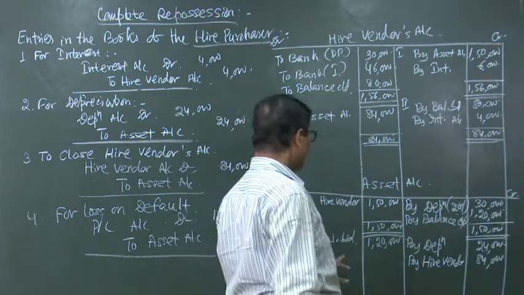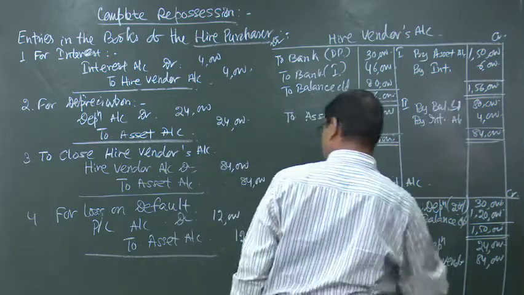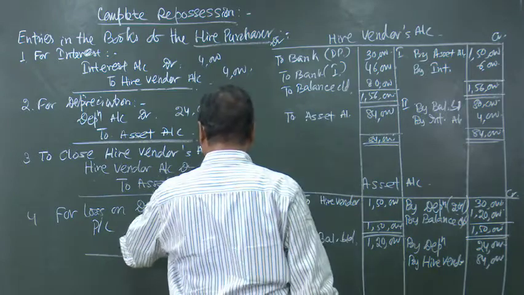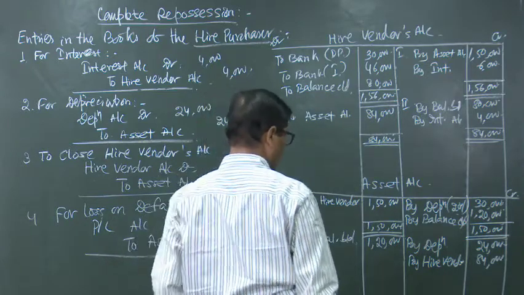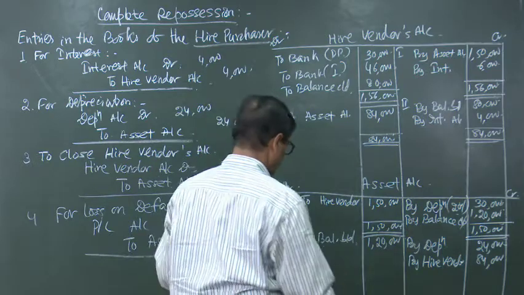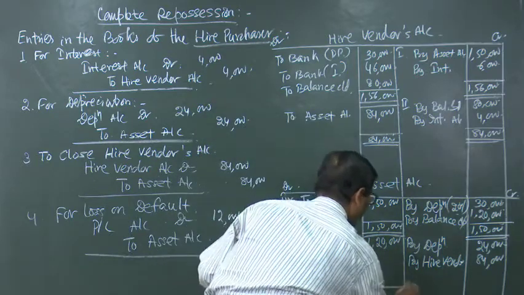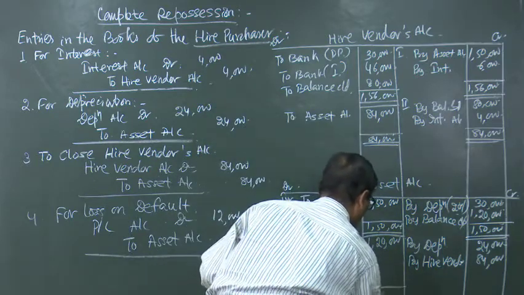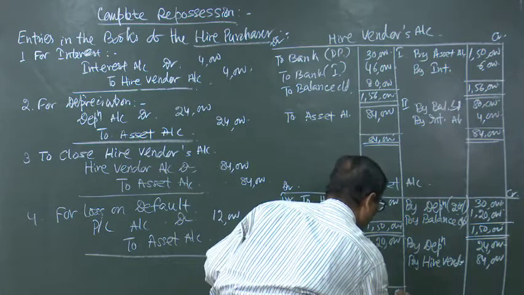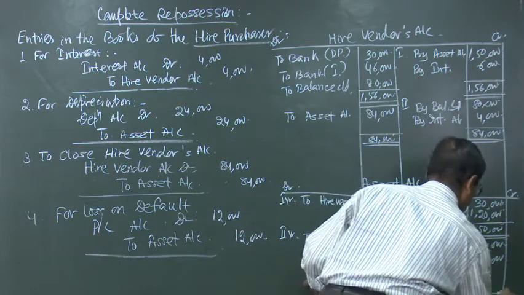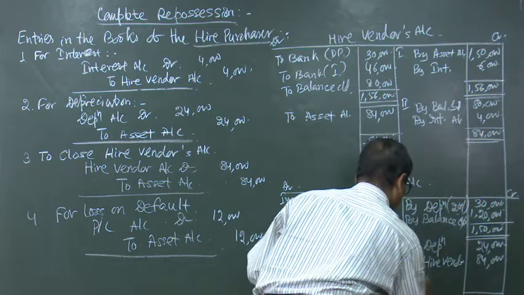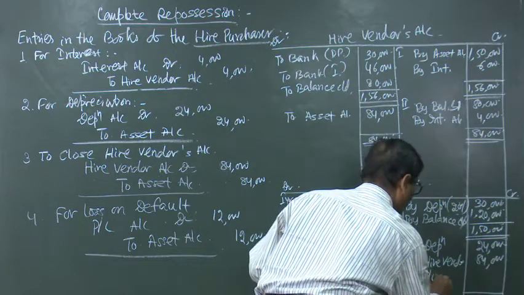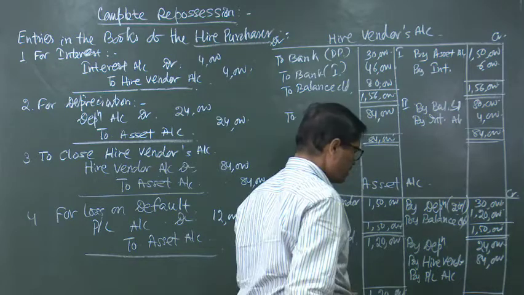Now, out of 1,20,000, this is 84,000. So, profit and loss account debited to asset account. See, this one will close 1,20,000. Whatever difference is there, that is a loss. So, this loss will be by PL account, that is loss on default. How much?